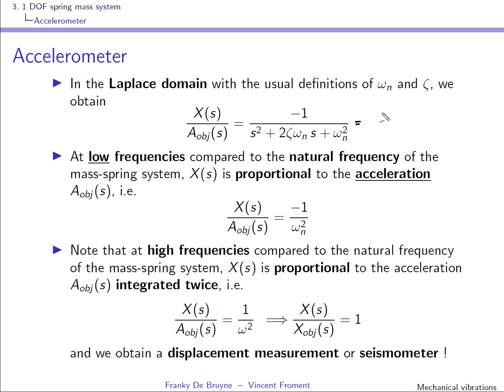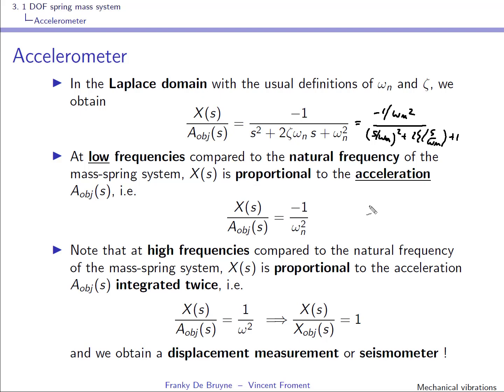It's maybe worthwhile writing it a little bit differently by dividing numerator and denominator by omega n square, and you obtain then this equation here, okay, which is a bit better suited for the analysis that we're going to make.